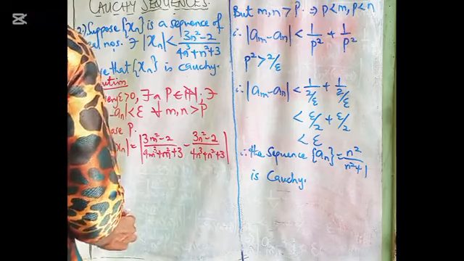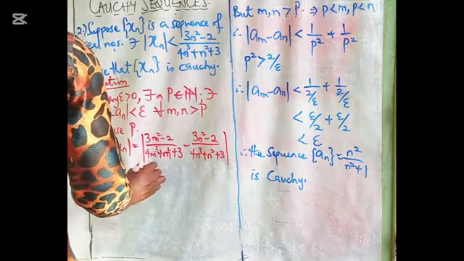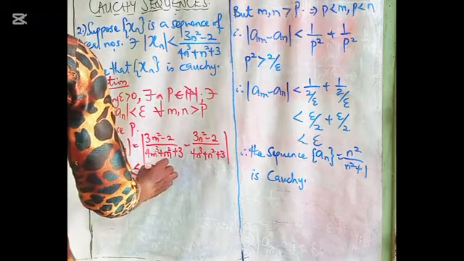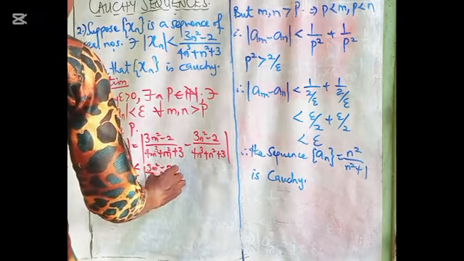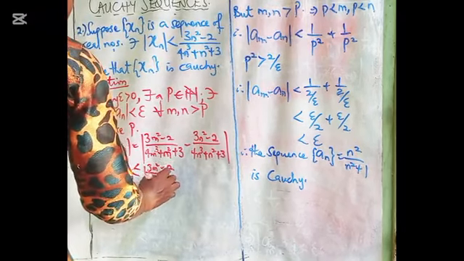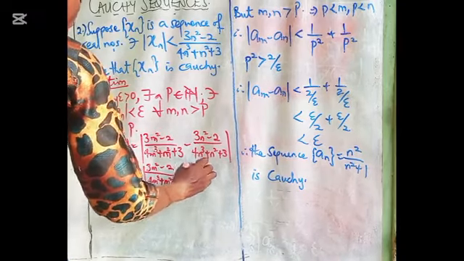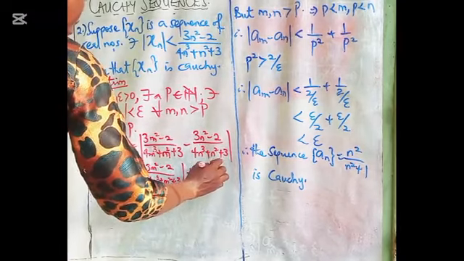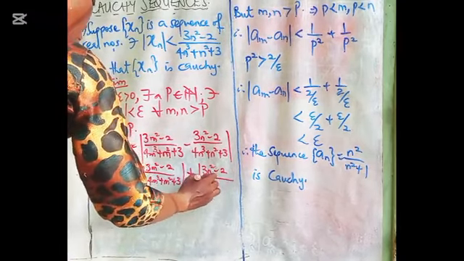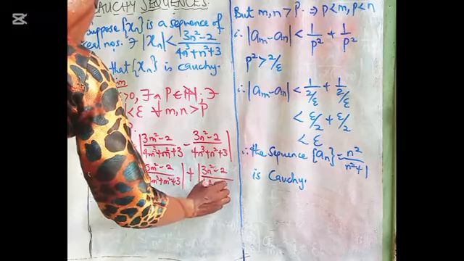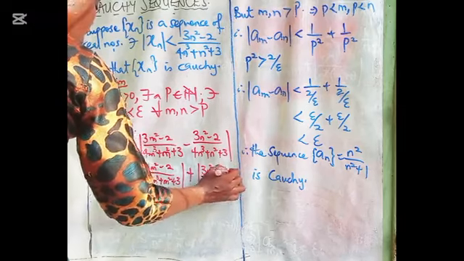And then by triangle inequality, this is less than or equal to 3m squared minus 2 over 4m cubed plus m squared plus 3 plus 3n squared minus 2 over 4n cubed plus n squared plus 3.